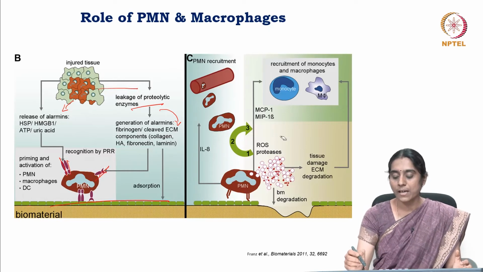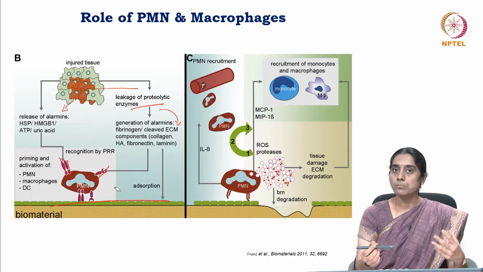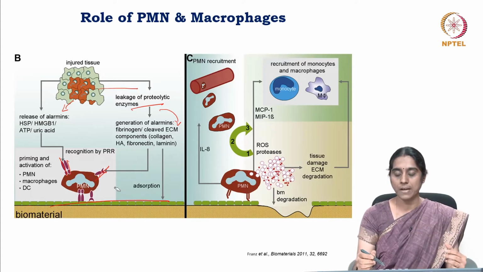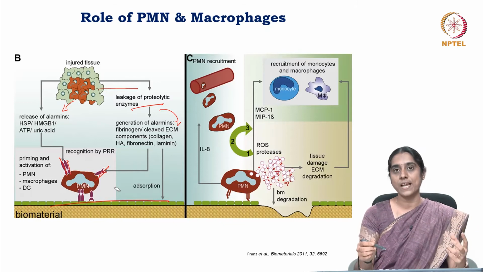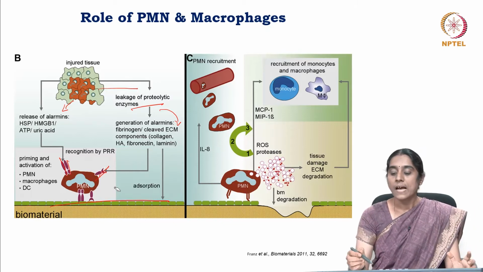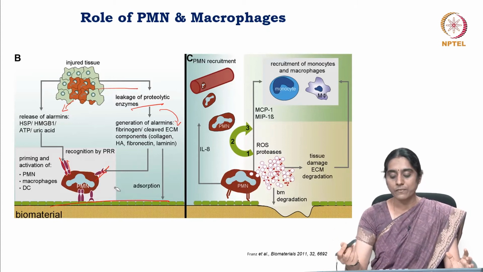The next thing which happens is that the PMN will recruit more monocytes from the blood and differentiate them into macrophages at the biomaterial site. These macrophages can have two phenotypes that we will see here.